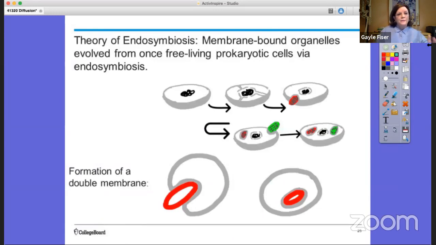Okay, theory of endosymbiosis. I know I've already talked about this in one of the evolution videos. Membrane-bound organelles evolved from once free-living prokaryotic cells via endosymbiosis. So here we have our prokaryotic cell right here, and here is our circular chromosome in our nucleoid region.